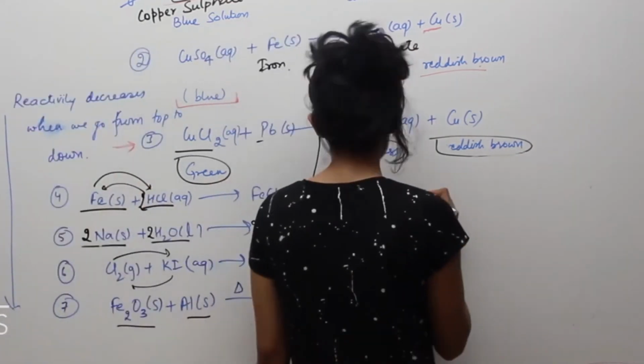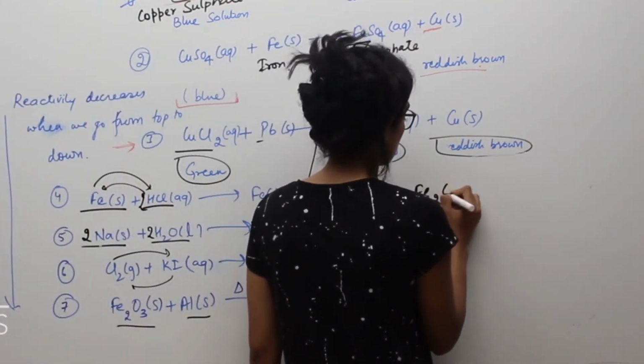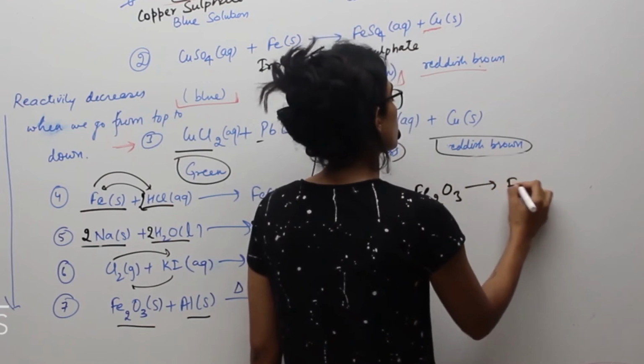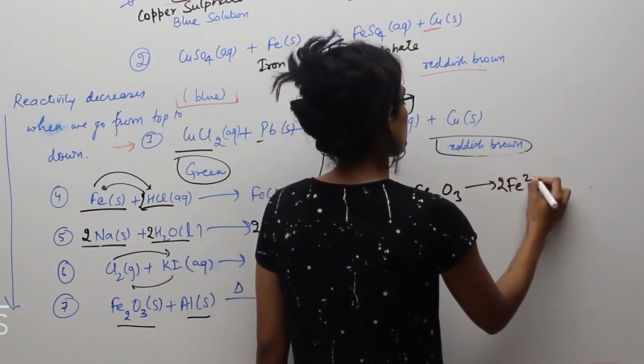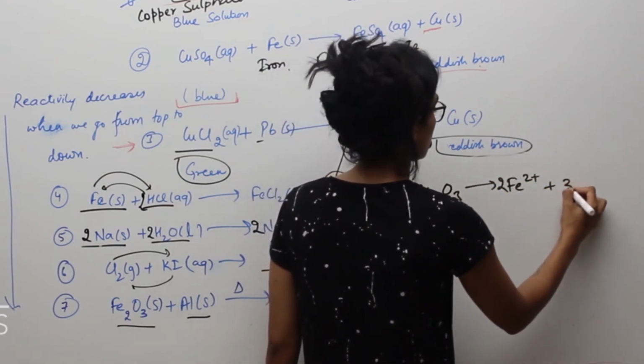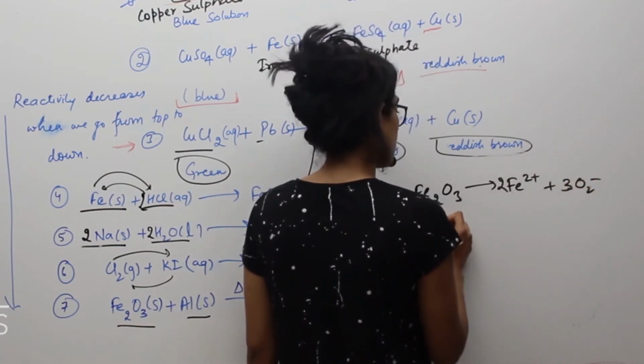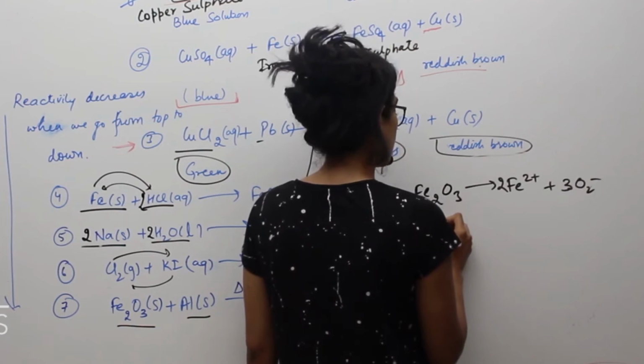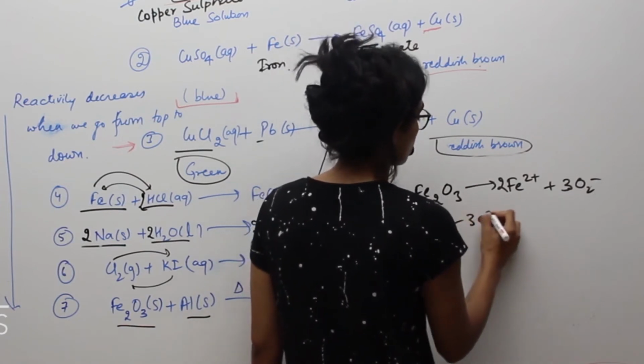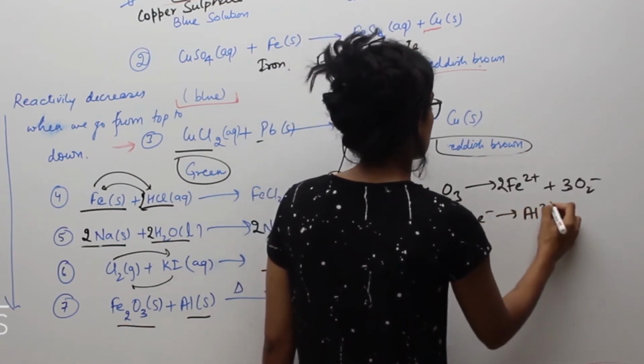So let's see the ionic reaction of Fe2O3 plus Al. Fe2O3 will break down into 2 Fe3 plus and 3 O2 minus. Now after this, your Al will lose 3 electrons and become Al3 plus.